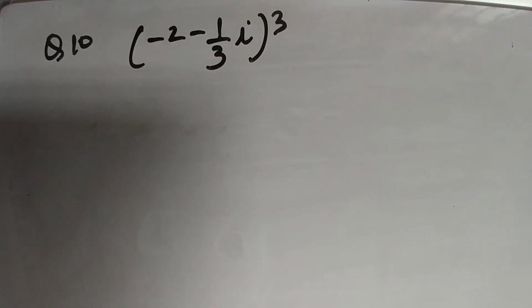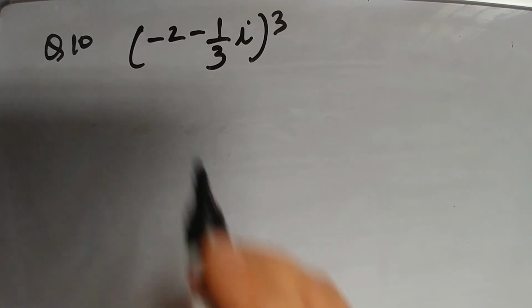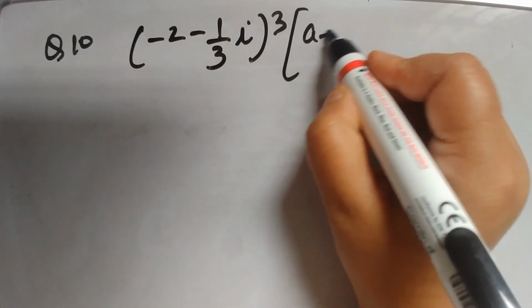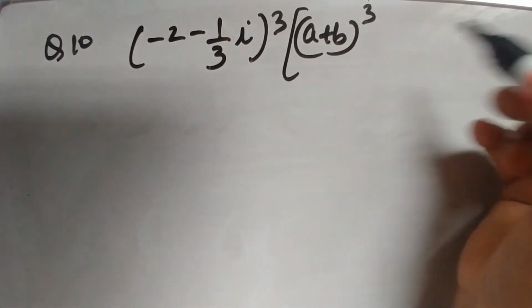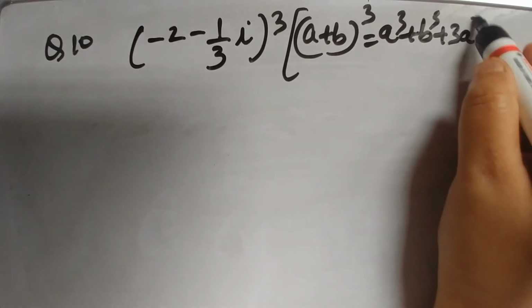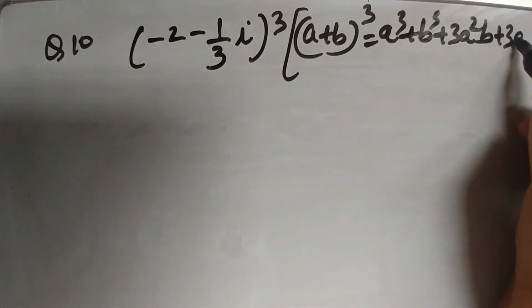Next, (minus 2 minus 1 by 3 iota) whole cube. Now again I'll apply the formula of (a plus b) whole cube, which is your a cube plus b cube plus 3a square b plus 3ab square.